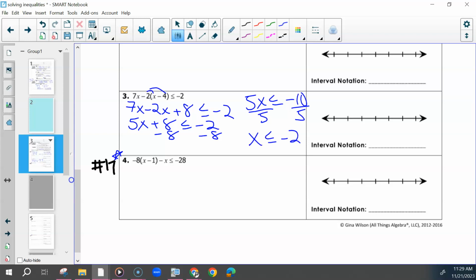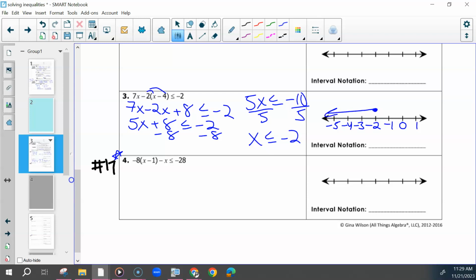Okay, so go ahead and make your number line. Would this one be open or closed? Closed because of the equal to. Going to the right or to the left? To the left. Everything less than or equal to negative 2.